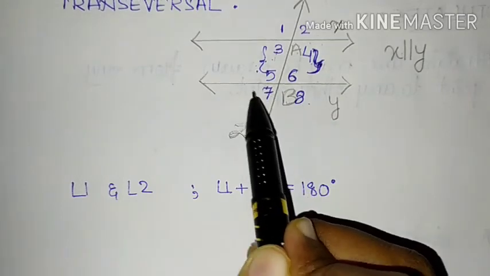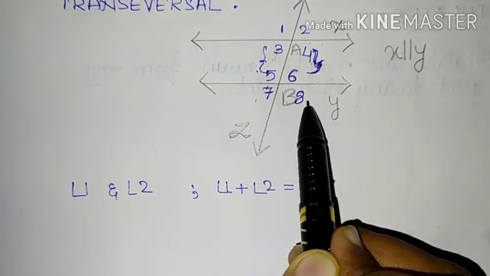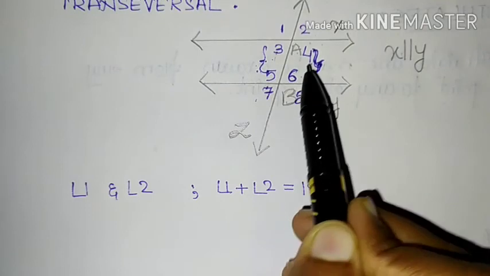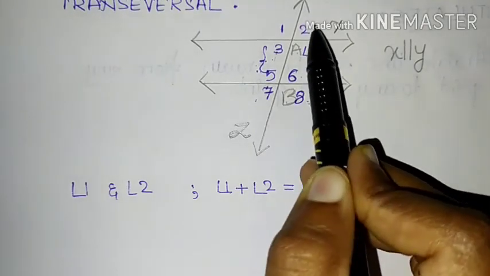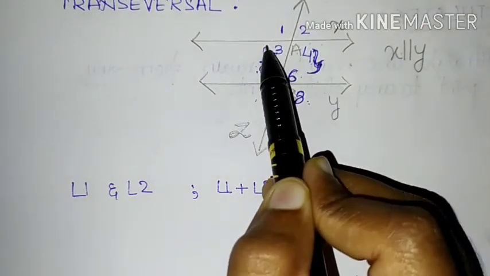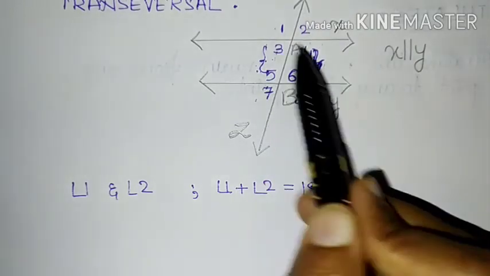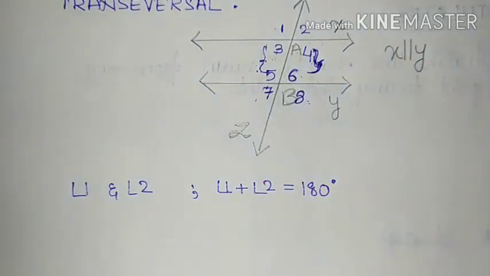Similarly, angle 7, angle 5, angle 8, angle 6, angle 4, angle 2, angle 3 and angle 1. They are all linear pairs, meaning the sum of those two angles will always be 180 degrees.